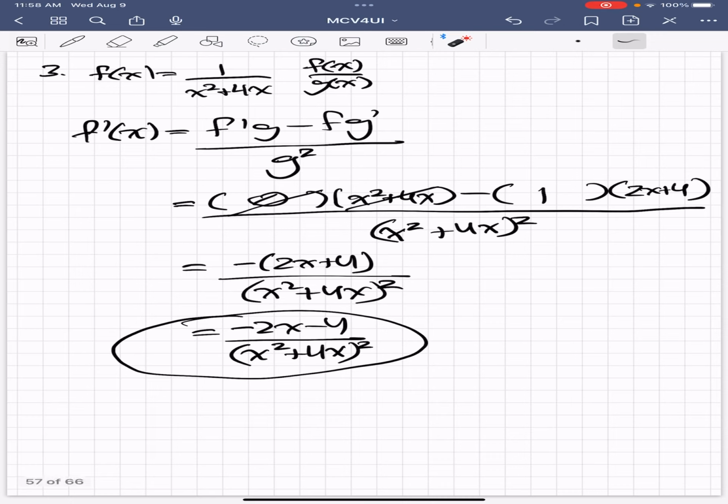The derivative of any constant is 0. So I did 0 and I stroked them both out because multiplying something by 0 equals 0. So I did that, and then I stroke out this 1. I replaced it with the 2x plus 4. And then I have this minus symbol in front of it, which I kept. And then I expanded that out. And then I got my answer.